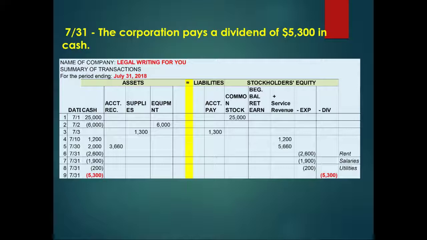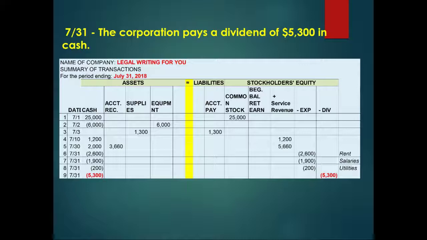So let's talk about these last 2 transactions. Where we paid expenses, we had a negative to cash. We had a negative when we paid dividends. And over on the right side of the equation, under expenses, we also show those as negative, and under dividends, we also show those as negative. The question is why?